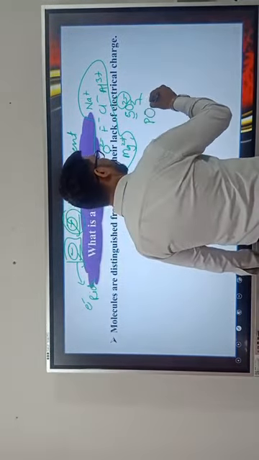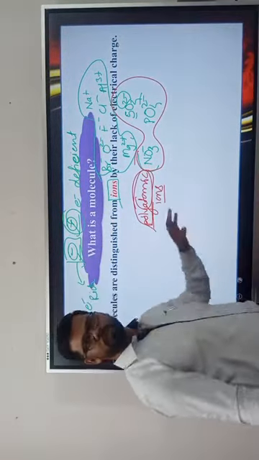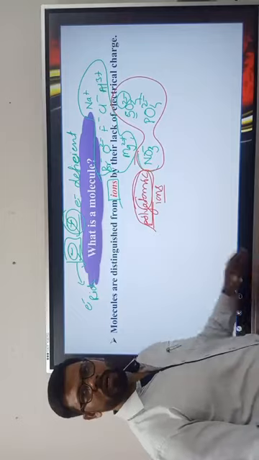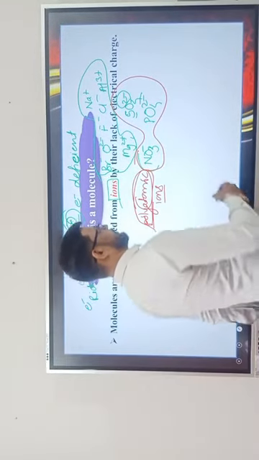Poly means two or more, and atomic means atoms. That means the ion contains more than one atom, and these atoms may be of the same element or different elements.